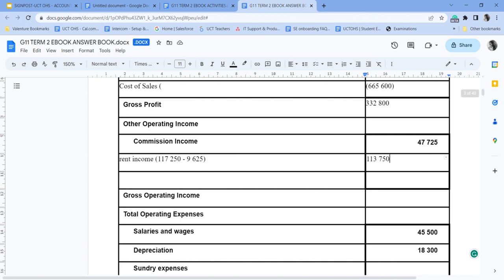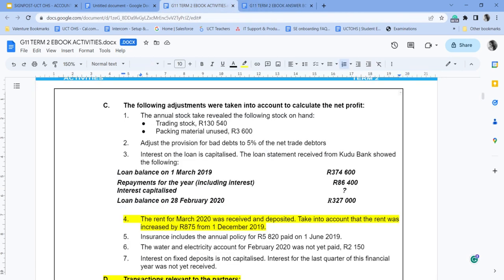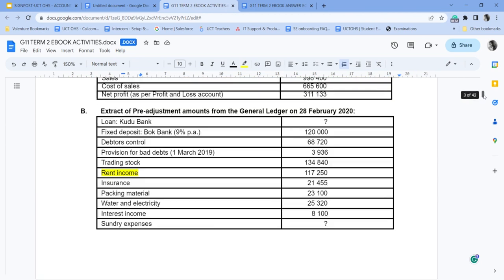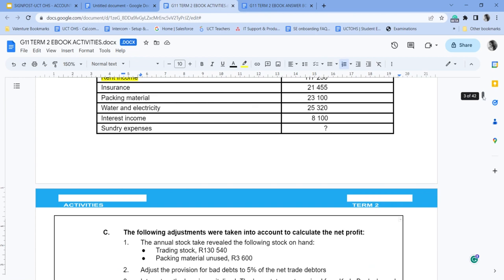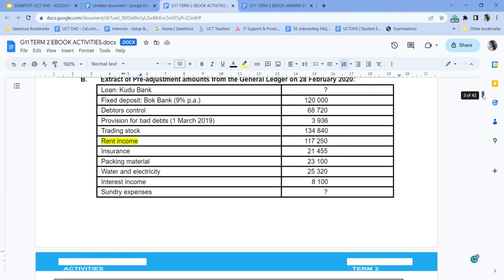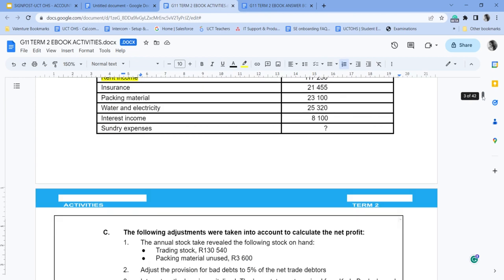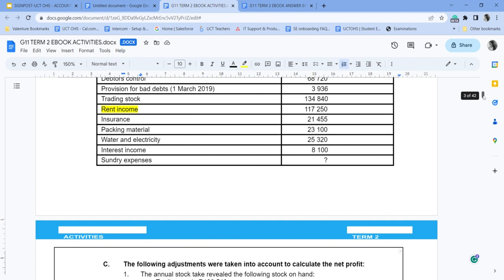Okay, so the next thing we need to take into account, let's look if we have any other income that we need to take into account. Okay, I am looking here, and sorry for the noise. It seems like there isn't any other income that I am picking up here.